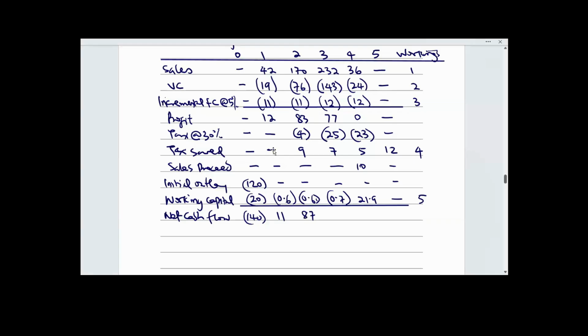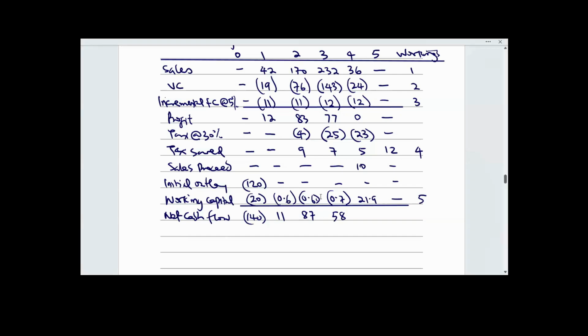Then 77 minus 25 plus 7 minus 0.7 equals 58.3. You can round it to 58.